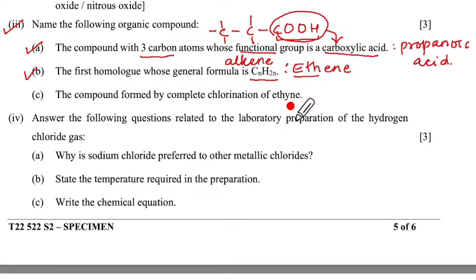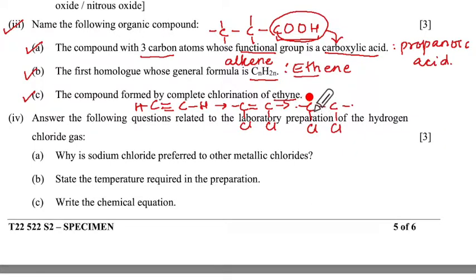Eth means 2 carbons. C. The compound formed by complete chlorination of ethyne. Now ethyne is C triple bond C, and it will first form C double bond C with hydrogen here, and 1 chlorine will come here. And in the next step, it will become C single bond C and H will be here.